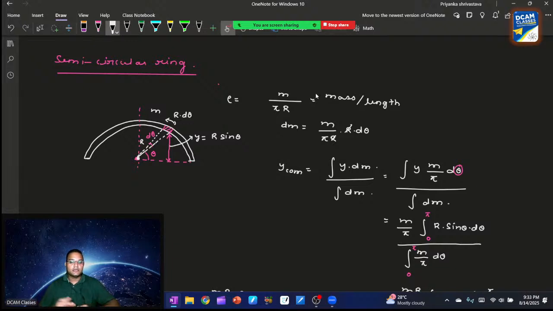You must be having some doubts, because you will be comfortable in this if you are very good in the integration part. In integration, we have to remember whatever variable we are taking here, theta, we have to put everything else in that variable only. That's why I have converted y in terms of theta. Otherwise, there was no point converting it into theta.